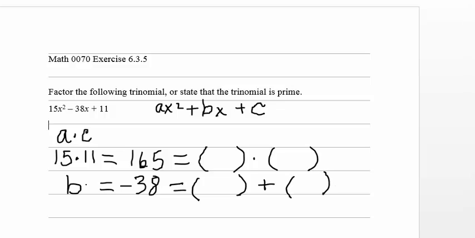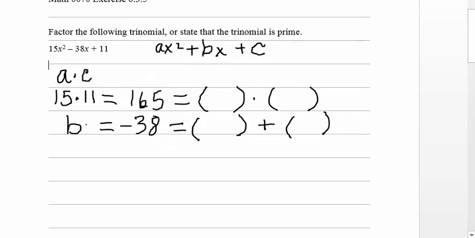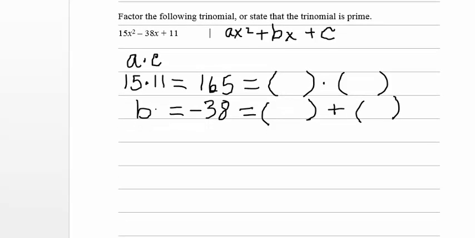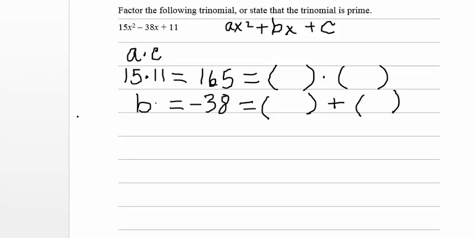All right, now 165 is a large number for what we're doing, and one of the things I have to keep in mind is that when I'm trying to find factors, I can always start with the two factors that I begin with.